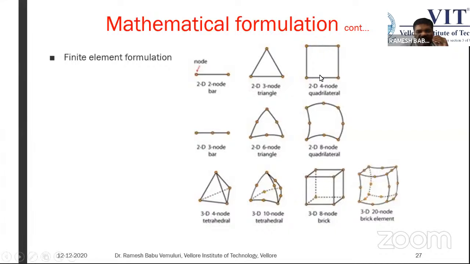Then two-dimensional, four-node quadrilateral. Then two-dimensional, three nodes can be considered, and two-dimensional, six-noded triangle. So here the triangle has six nodes. Then two-dimensional, eight-node quadrilateral. To these four-node quadrilaterals we can also add one more node here at the midpoint.